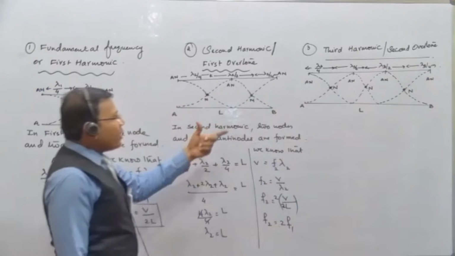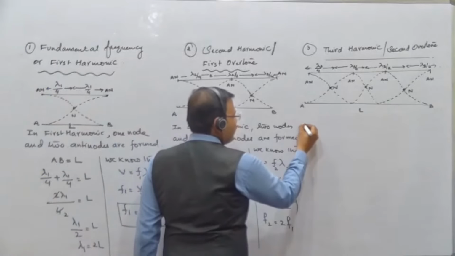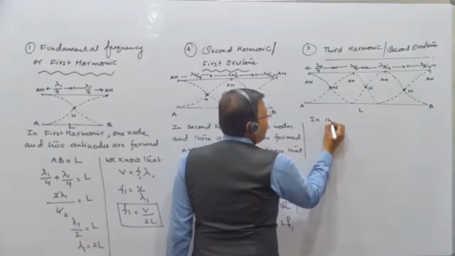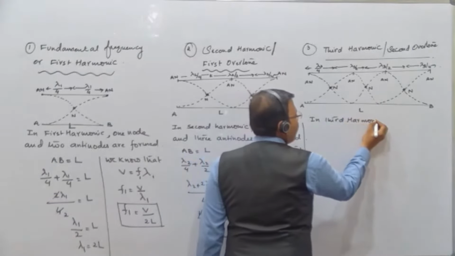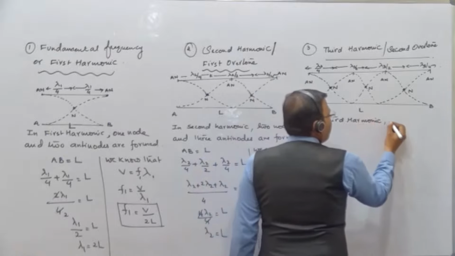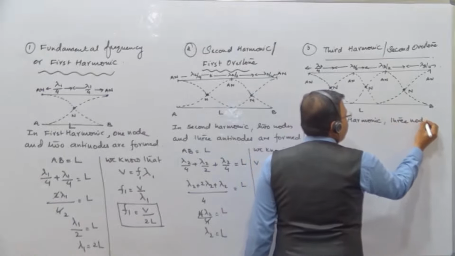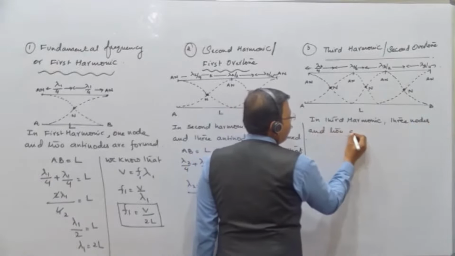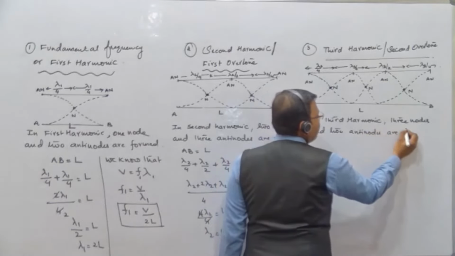So the first point we are going to mention under this is: in the third harmonic, three nodes and 4 antinodes are formed.